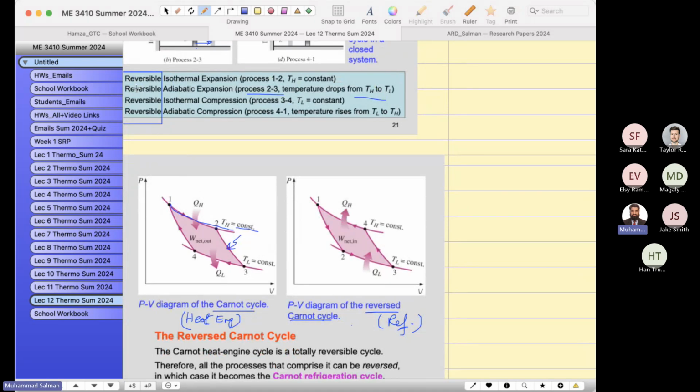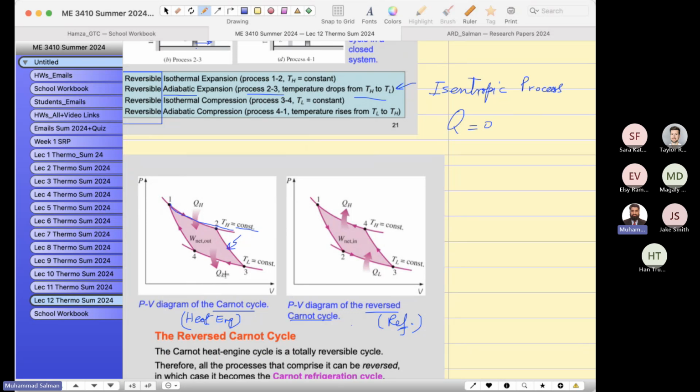We call this reversible adiabatic expansion, also known as constant entropy. You will see an isentropic process. In a reversible adiabatic process, there is no heat loss. Adiabatic means Q is 0.